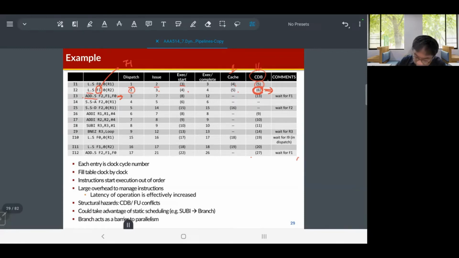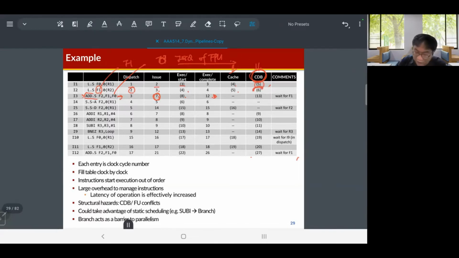Then the data is also delivered to the issue queue of the floating point unit. After the data is delivered via the common data bus, this instruction can be issued at clock cycle 7. Then it's executed, it will take 5 clocks, so it's completed at clock cycle 12, and then it is written back via the common data bus at clock cycle 13.